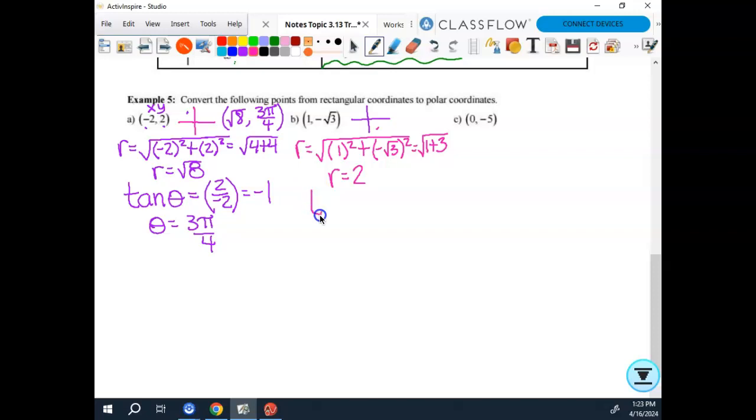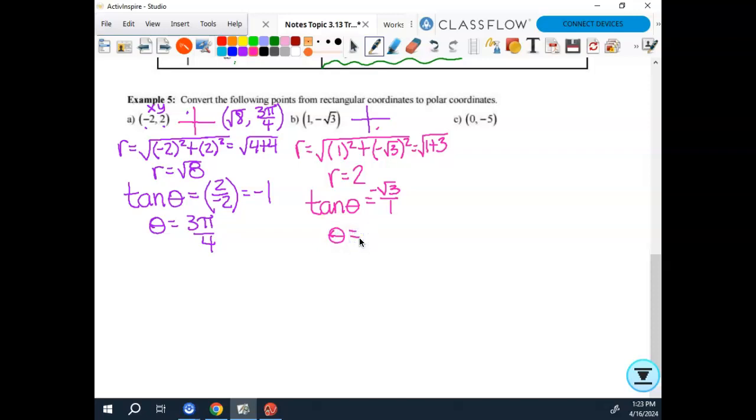So then I have tangent of theta is equal to negative square root of 3 over 1, which is just negative square root of 3. So let's think again through the first quadrant. What first quadrant angle gives me a tangent value of the square root of 3? Pi thirds. Good. So theta, but I don't want pi thirds.